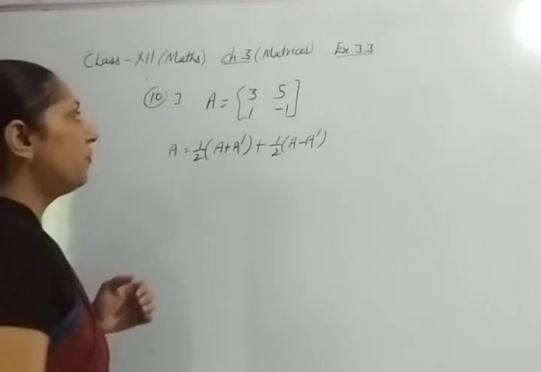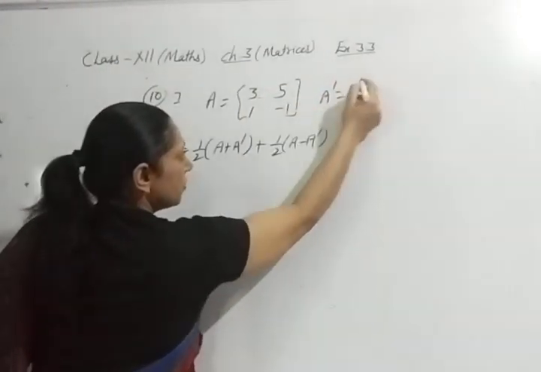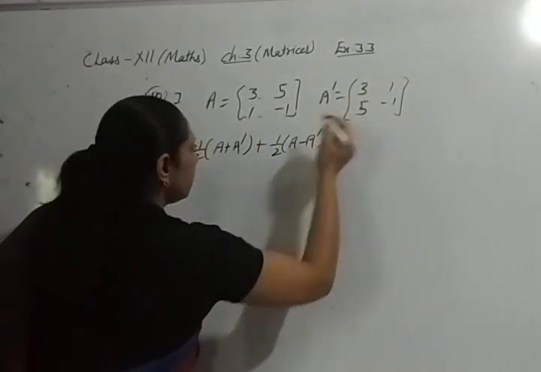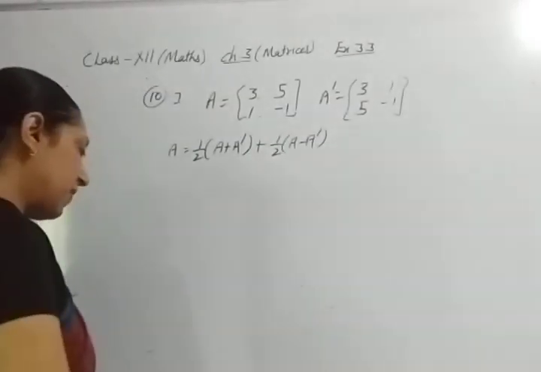So first we have to find transpose. So A transpose, that is equal to first row, first column, second row, second column. Now put this value in this and we can find our value.